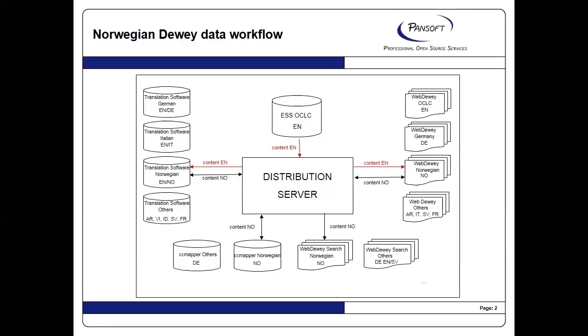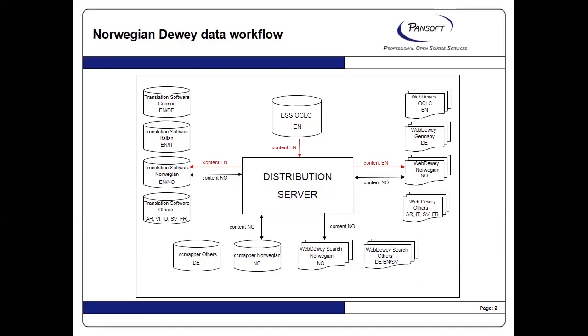These two source vocabularies are mapped, and again, the result of that work is GUI mapping content, which goes from the CC Mapper software back to the distribution server. From the distribution server, this mapping automatically goes to WebDewey. So when you see Norwegian mappings inside WebDewey, they are coming out of the product CC Mapper.